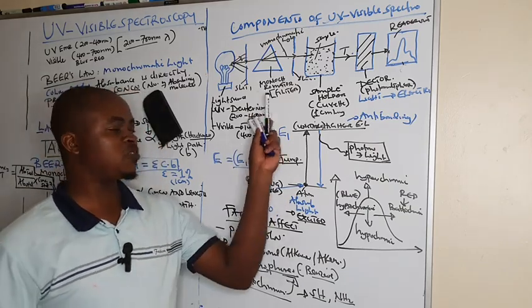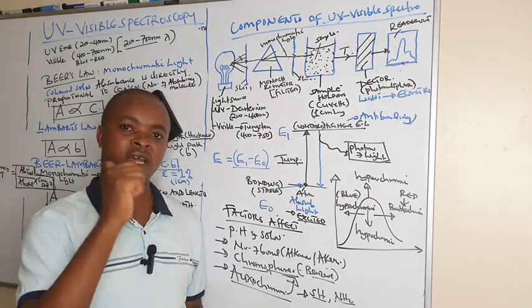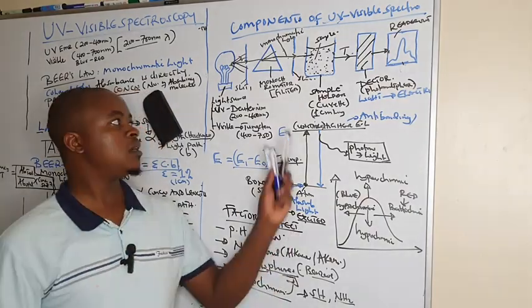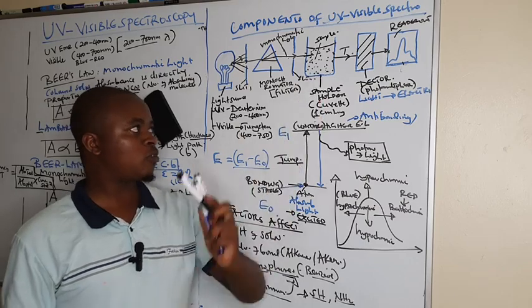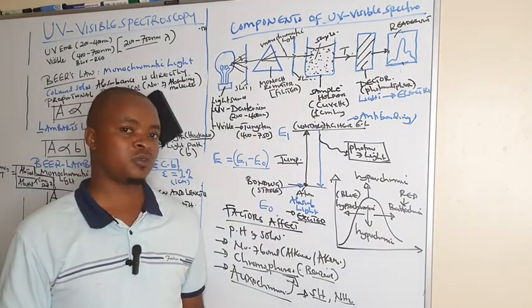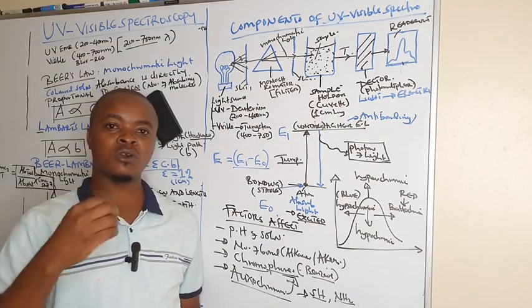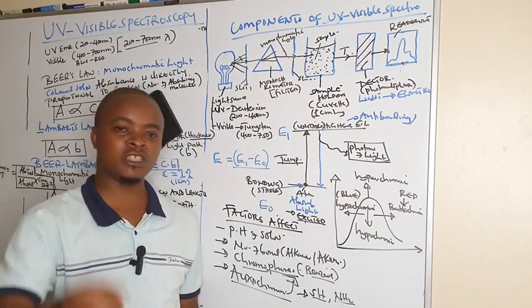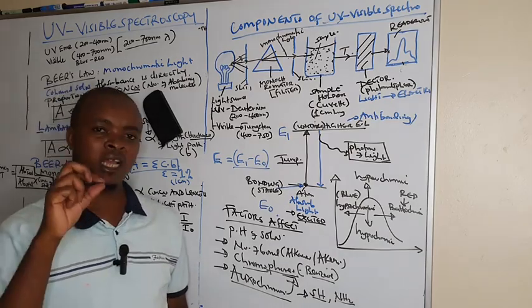Then we have seen the function of a monochromator is to select only light of the desired wavelength.